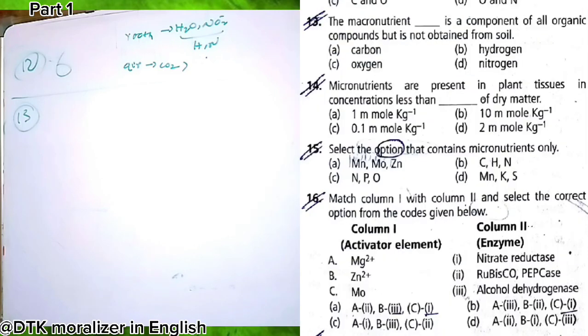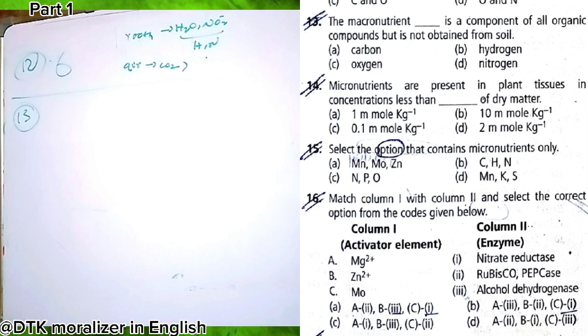Now question number 30. The macronutrient dash is a component of all organic compounds but is not obtained from soil. As you can see, carbon, hydrogen, oxygen, nitrogen.